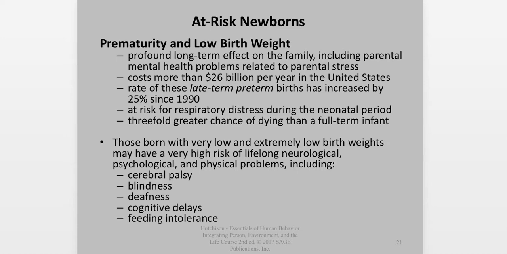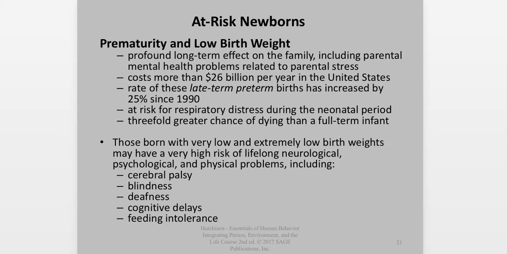One of the factors that contributes to what we would call an at-risk newborn involves birth weight, and a low birth weight can really result in profound long-term effects on the child and the family. This problem sometimes can be very costly.